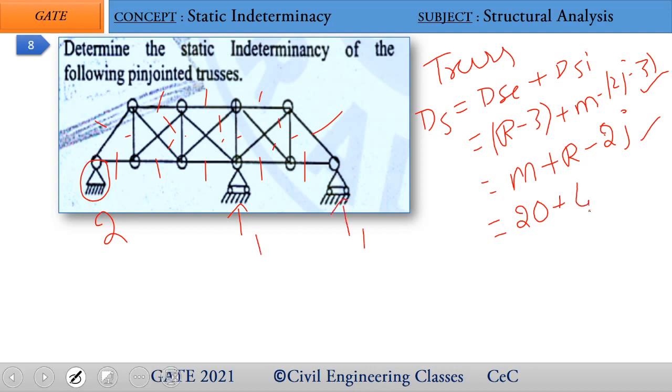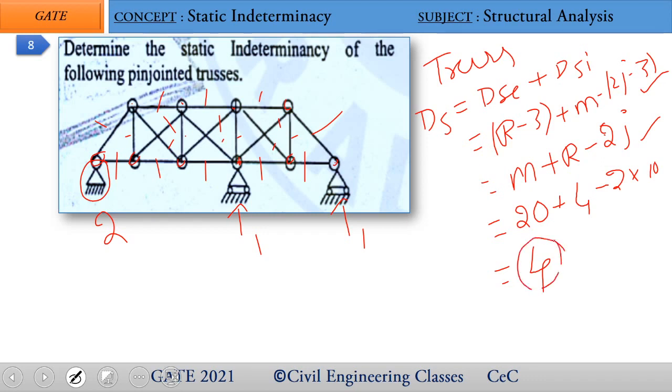So there are 4 reactions, minus 2 times the joints. What are the joints? 1 2 3 4 5 6 7 8 9 10 joints. So 2 into 10, and the 20 will cancel each other. So the answer is 4. So the static indeterminacy of the given plane truss is 4.